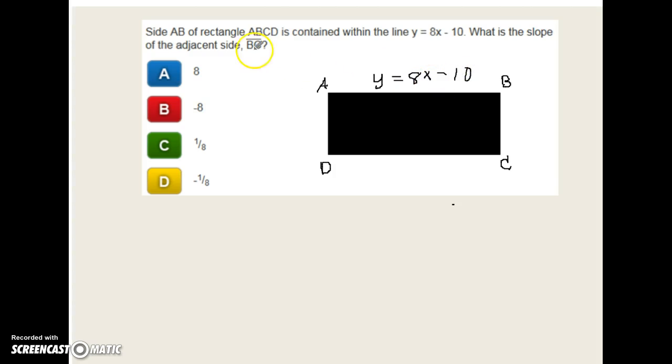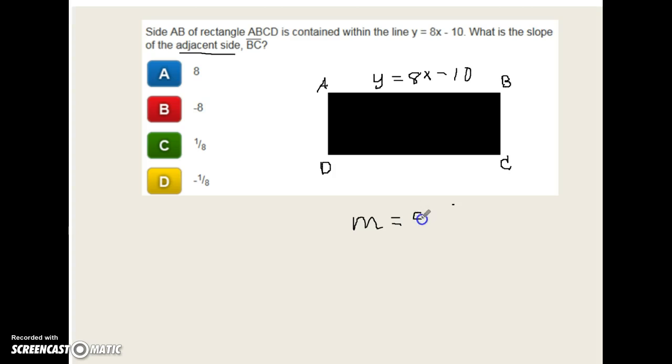And I want to know what the slope of the adjacent side BC is.